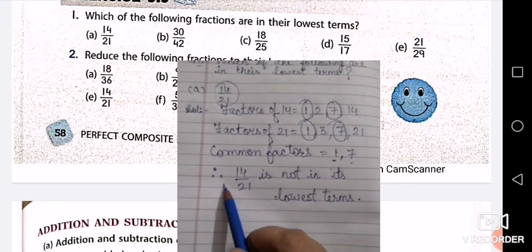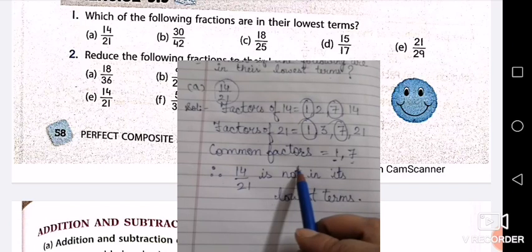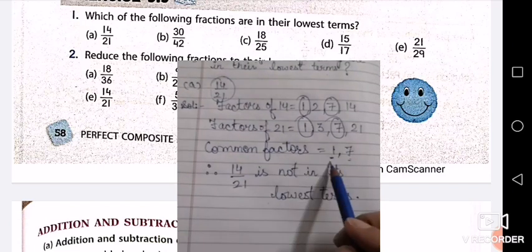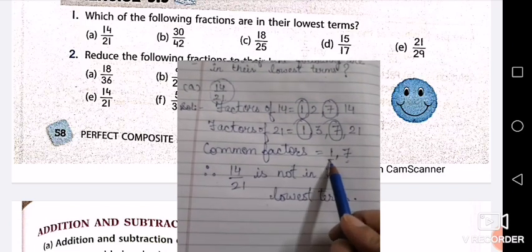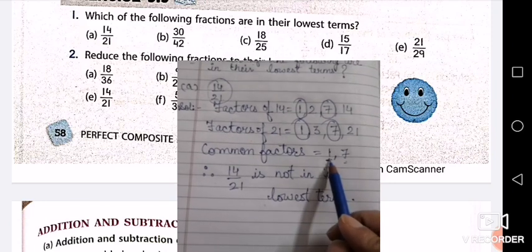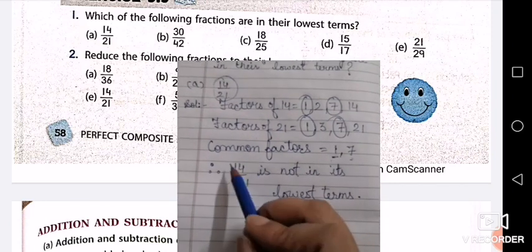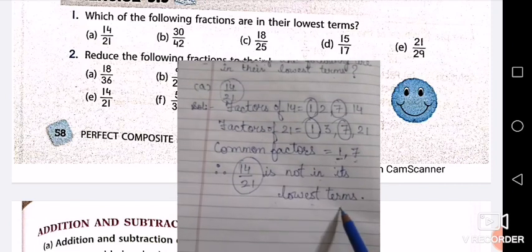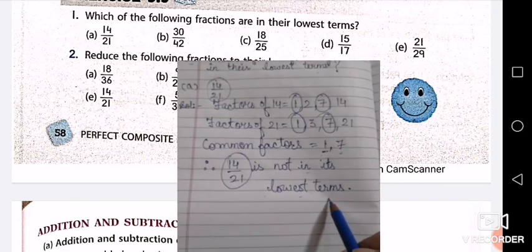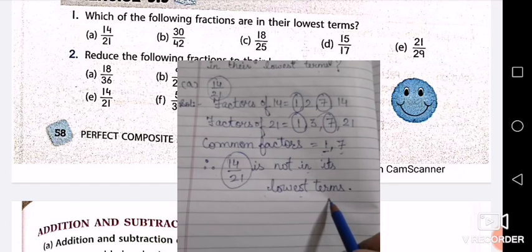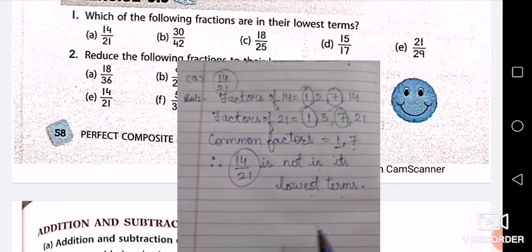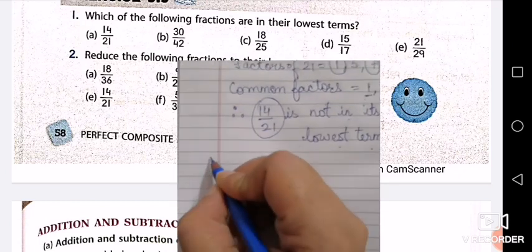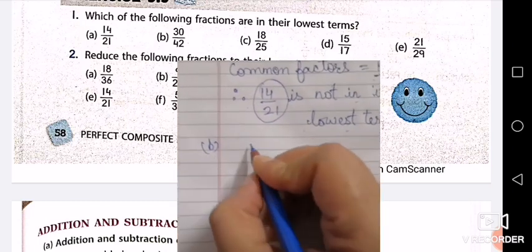So as I've told you in the example only, if you are getting a common factor other than 1, then that given fraction is not in its lowest terms. So let's see one more question and then we will be able to understand what we have to do in this question. So come to B part now.